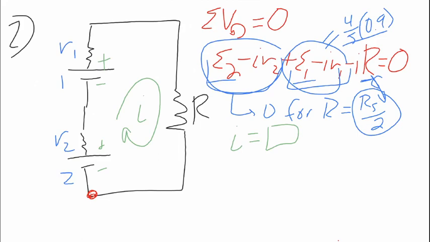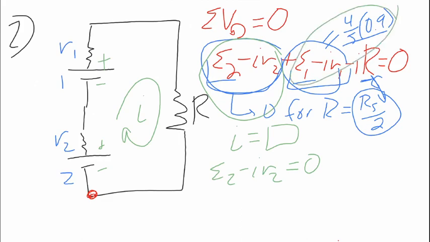So we know that this first equation right here is essentially saying epsilon 2 minus I R2 is equal to 0. And of course, we know epsilon 2 is just the constant EMF given. So that will allow us to solve for R2. And then the other equation that we have is this one right here, which is epsilon 1 minus I R1 is equal to, in my case, 4/5 times 0.9.